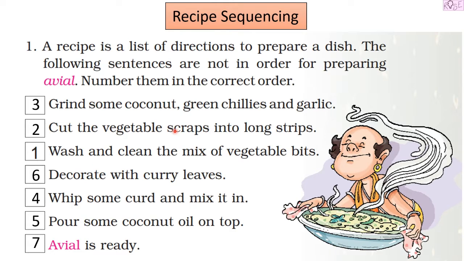So in this recipe, could you find all the ingredients? Let's see. In this sentence, we have the ingredients coconut, green chilies and garlic. In this sentence, the ingredients are vegetable scraps, and in the next we have vegetable bits, and here we have curry leaves.